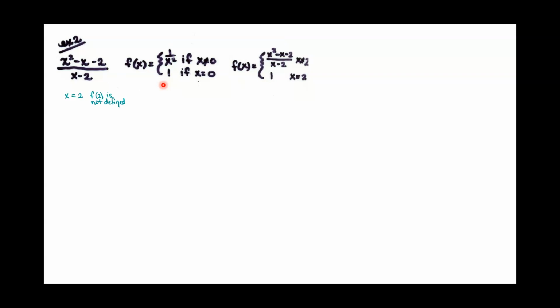Another place that you always want to check a piecewise defined function is where the pieces come together, because even though the first piece may be continuous and the second piece may be continuous, if they don't come together, then your limit from the left would not equal your limit from the right. So we always want to check where the two pieces meet.